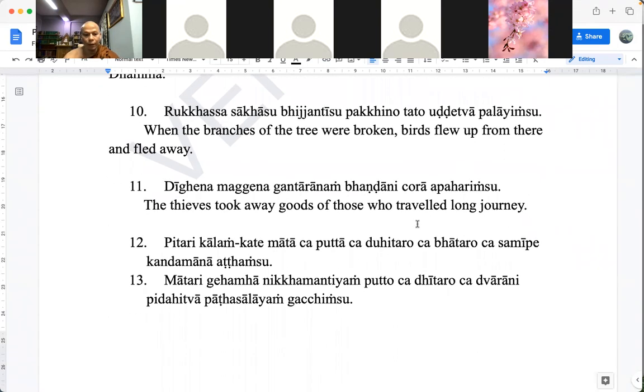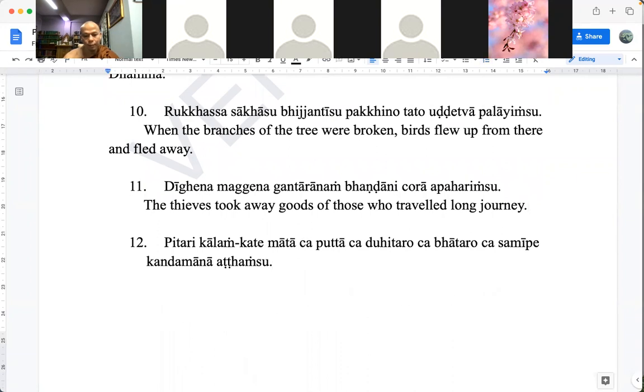And then next, 12. So Bidari Kalankade Madaja Bodhaja Duhitaroja Badaroja Samibe Kanda Mana Atansu. So here also, Bitar is in the locative case, and the Kalankata is a past participle with the locative.